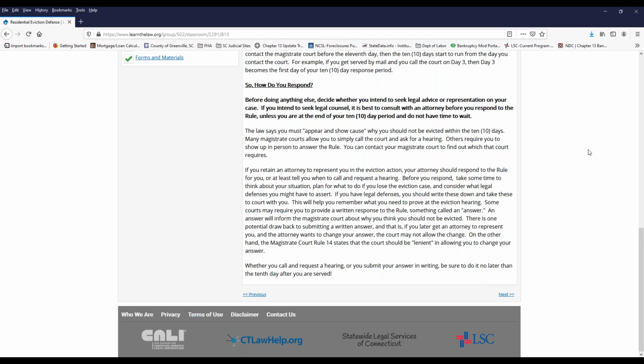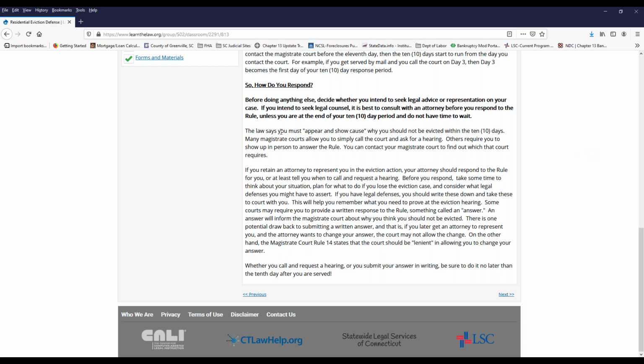So typically in a lawsuit, a defendant will fill out something called an answer, and they will submit a written answer to the court listing their response to the rule to vacate. So if the rule to vacate said, well, you failed to pay rent, the response might be, I did pay rent, or what you're charging me for is not rent, you're actually charging me for something else. So it's not a rent issue at all.